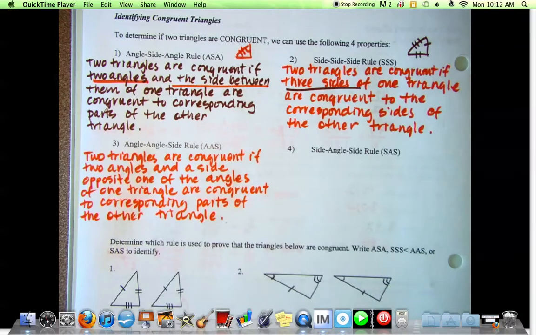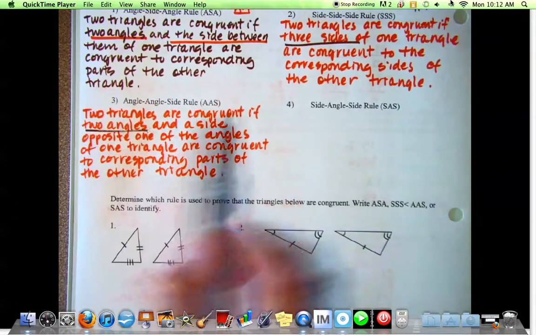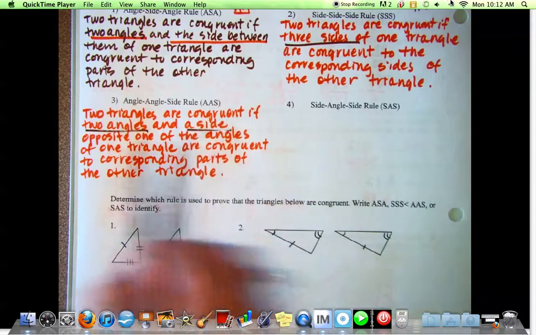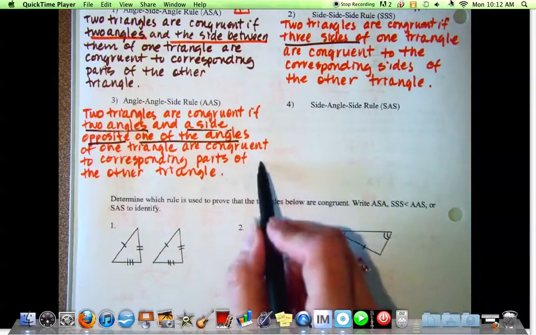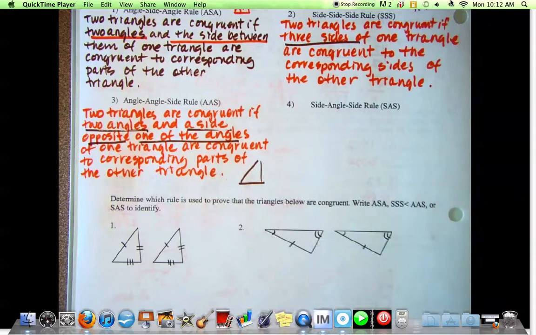So, important words in this property: two angles and a side opposite one of the angles. So, if you have a triangle, you have two angles.